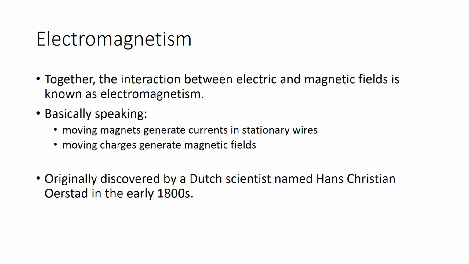All right, and moving charges generates electric fields. So that's how they're related. No, moving charges generates magnetic fields. Okay, so they kind of work off of one another. One kind of creates the other. So there's this cool, neat little relationship there.